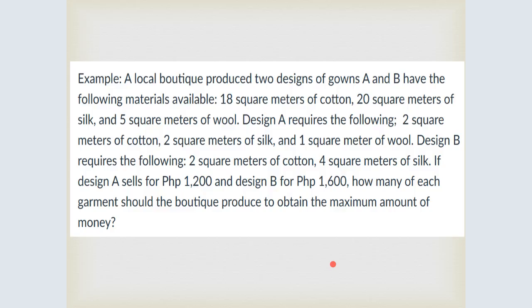Design B requires the following: 2 square meters of cotton, 4 square meters of silk. If design A sells for 1,200 and design B for 1,600, how much of each garment should the boutique produce to obtain the maximum amount of money?